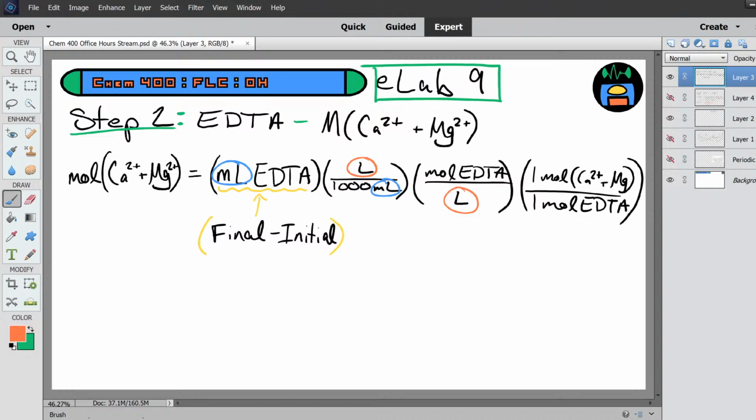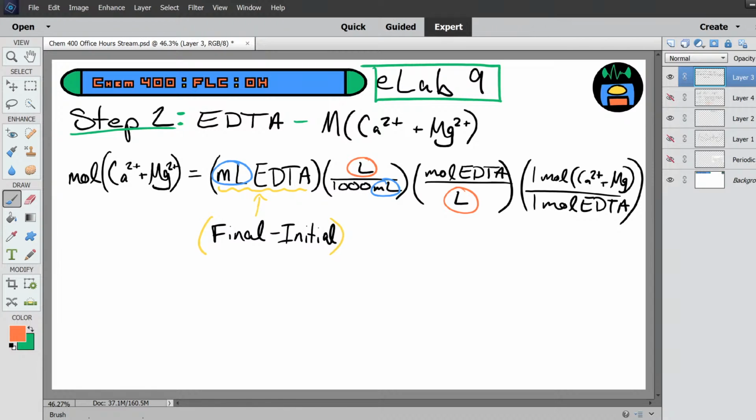Yes, so Lauren, this step gives you the total moles of all ions present, so the moles of calcium together with magnesium. That's what this step will give you.